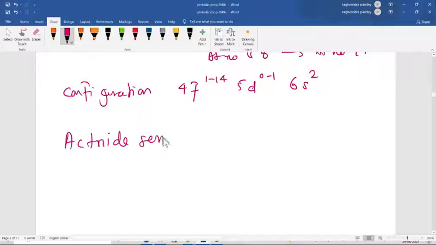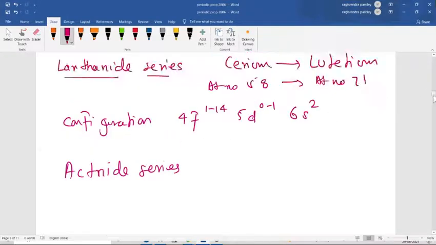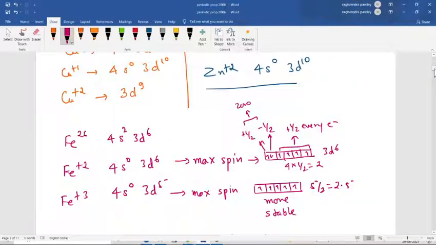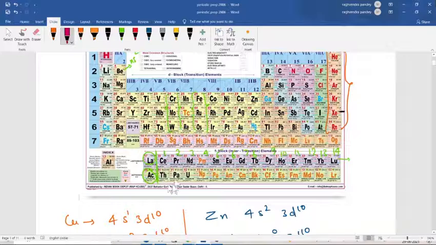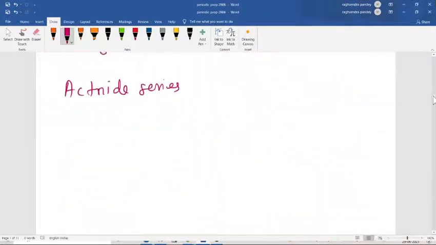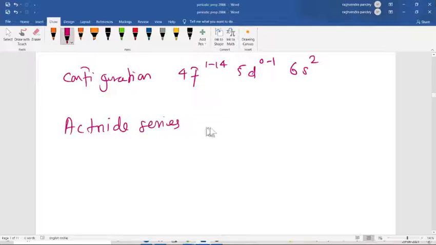The actinide series starts from thorium, and uranium is the last natural element, but there are also artificial elements. So it goes from thorium up to lawrencium.